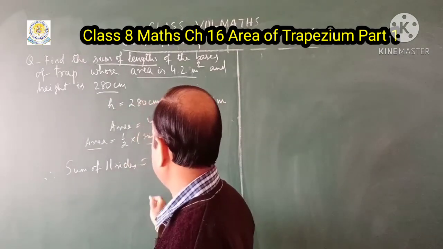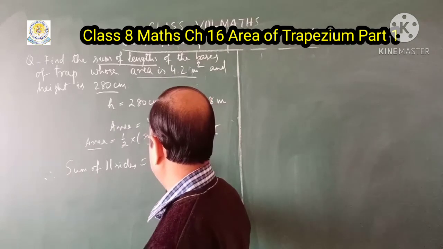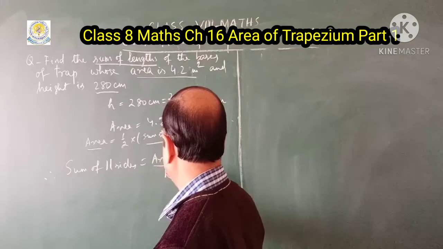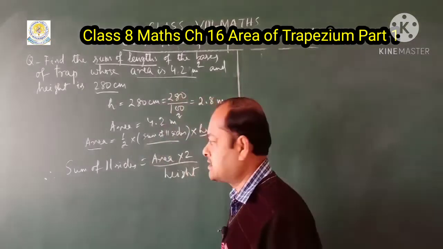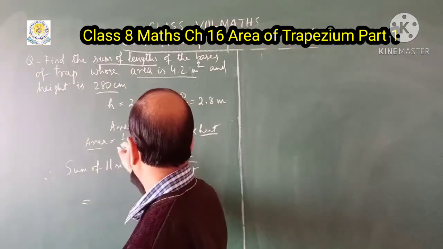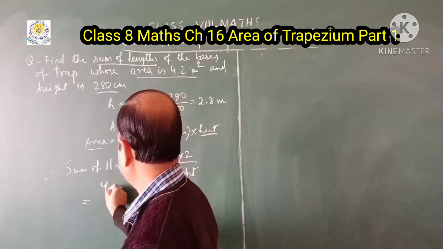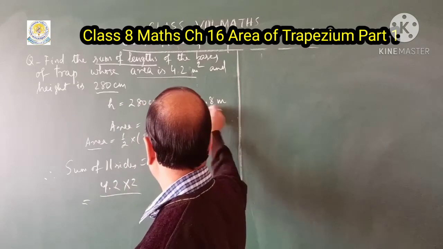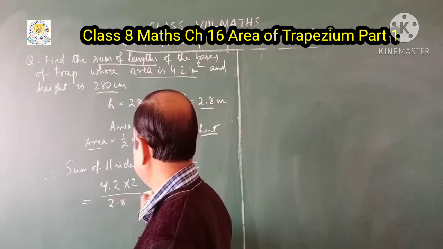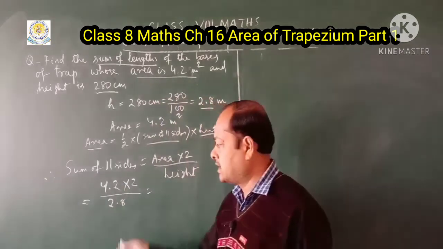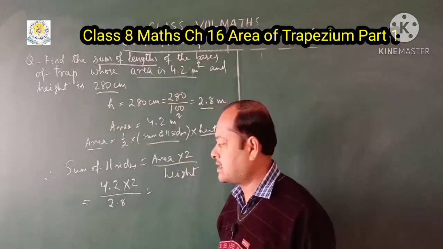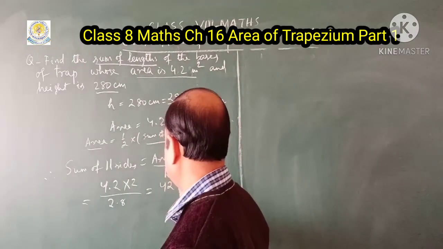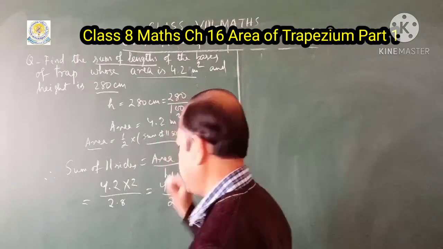Sum of parallel sides equals area into 2 divided by height. This formula can be changed like this. So area is how much? Area is given here, 4.2 meter square, into 2 divided by height, which is 2.8. Here after the decimal in both places one digit is there, so it can be cancelled. So what is the result here? 42 into 2 divided by 28.